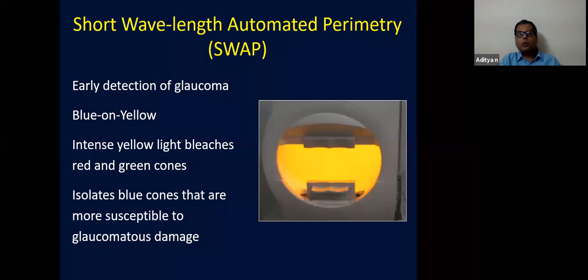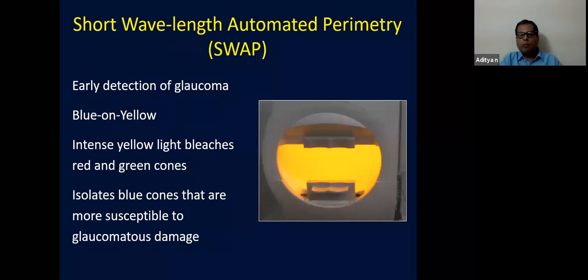Now coming on to short-wavelength automated perimetry, or SWAP. This basically tries to detect loss of the K cells, which are a very small percentage, about 5 to 10%. There is a yellow background, and this intense yellow light will bleach the red-green cones, and only the blue cones are isolated.